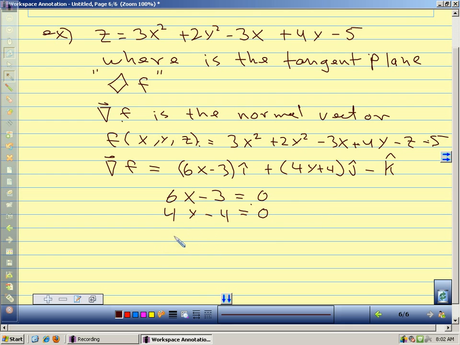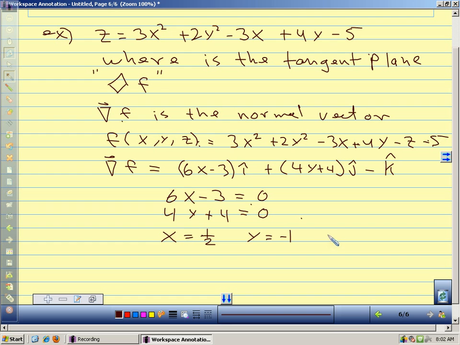So x equals 1/2. Y equals 1? Let's see. It should be plus 4, this should be plus 4. Thank you. So y is -1. I can plug these x and y values in here to get z.